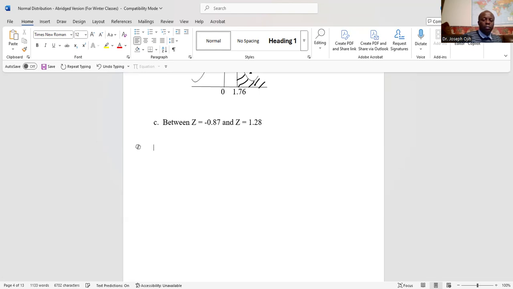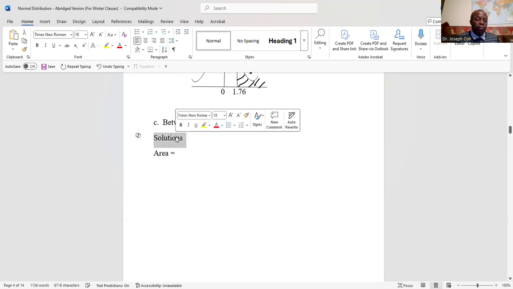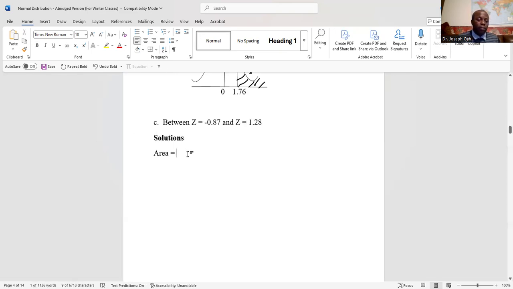In that case, we proceed as follows. We're looking for the area. The area is the same as the probability. Don't forget that.